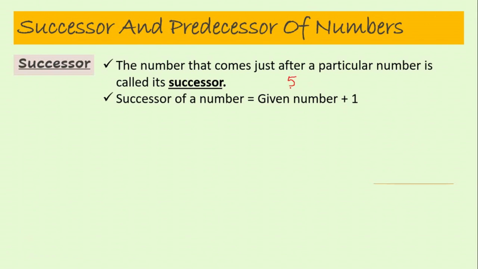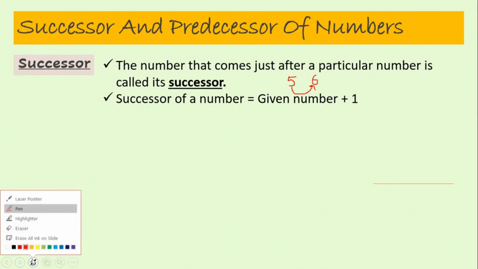What is the next number of 5? It is nothing but 6. When you add 1 to the given number, it will give us 6. Yes, so the successor of 5 is 6.